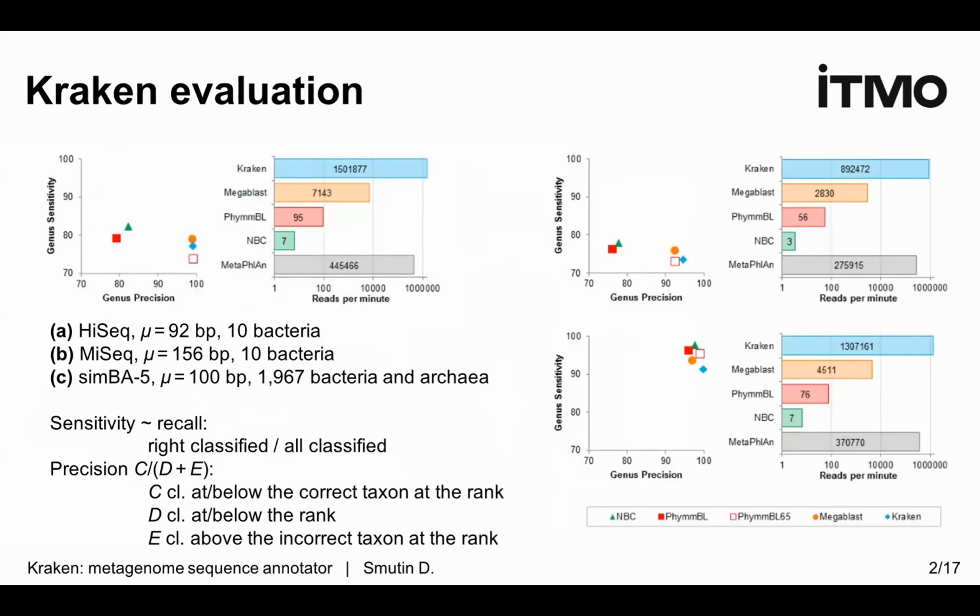In the article, they evaluate the sensitivity and precision of Kraken. First of all, they evaluate it in comparison to other tools of that time. There are 5 tools in the comparison: Kraken, Megablast, and Fimbel and MBC, which are less common tools nowadays, and MetaFlow.